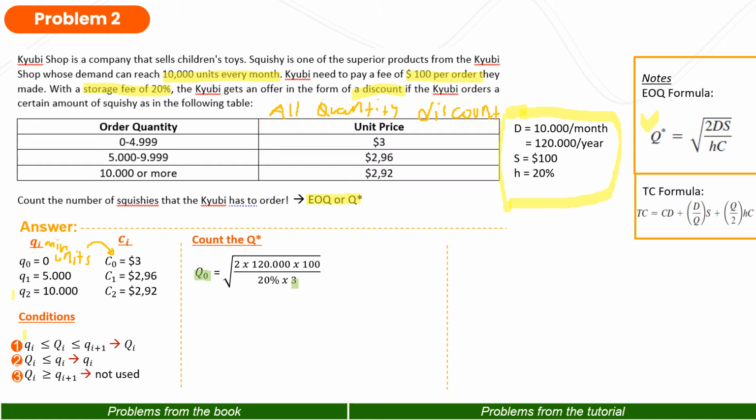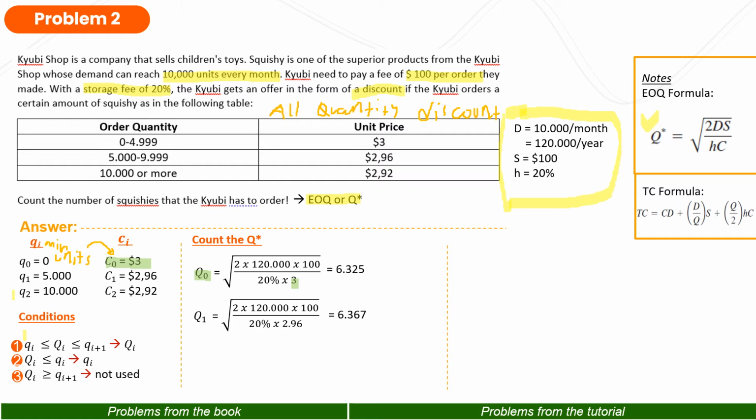For Q0, it is the root of 2 times the annual demand, 120,000, times the ordering cost, 100, divided by 20% times 3, and we get Q0 is 6,325, and then we compute the Q1, also the same.